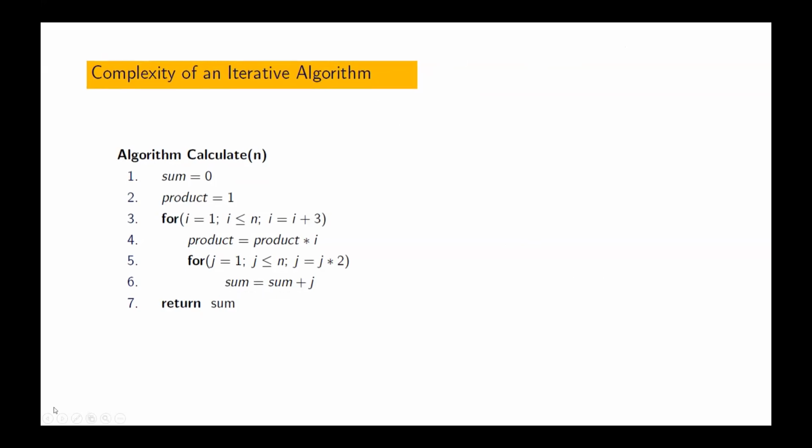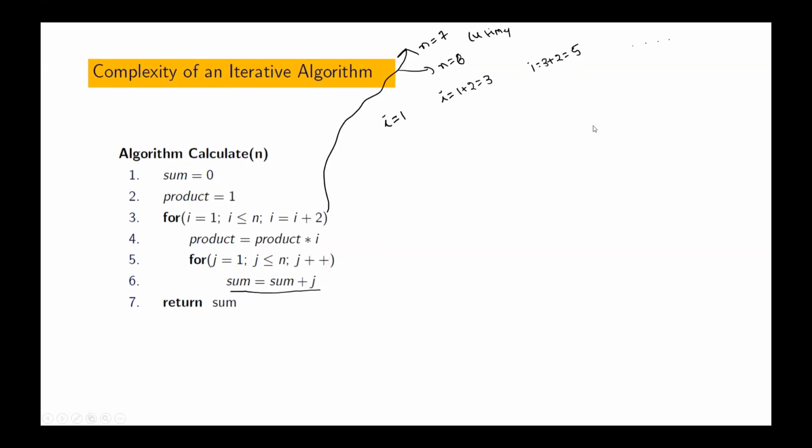So the outer loop iterates n by 2 times. The inner loop iterates n times for each value of i. So n equal to 8, how many times? 4 times.